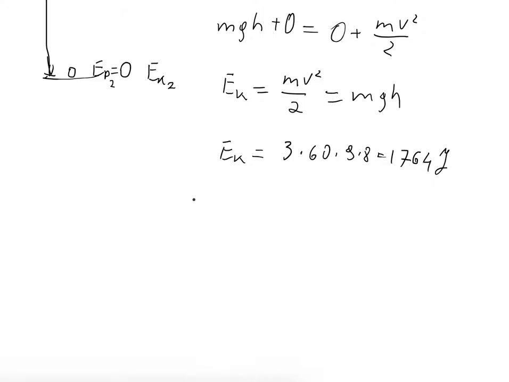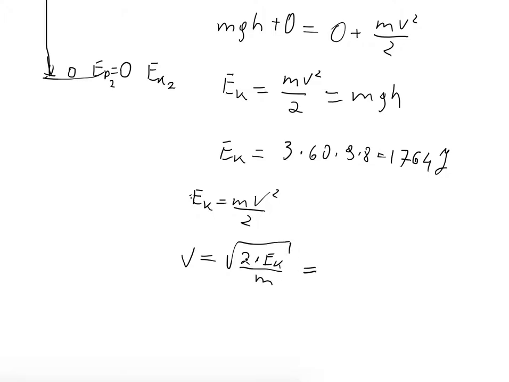So v, we know that EK is equal to mv squared over 2. So v is equal to the square root of 2 times EK over m.